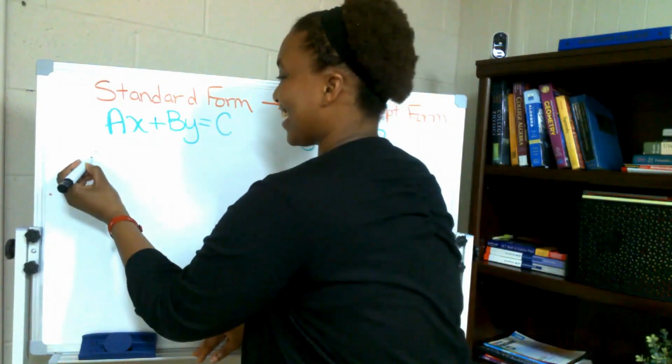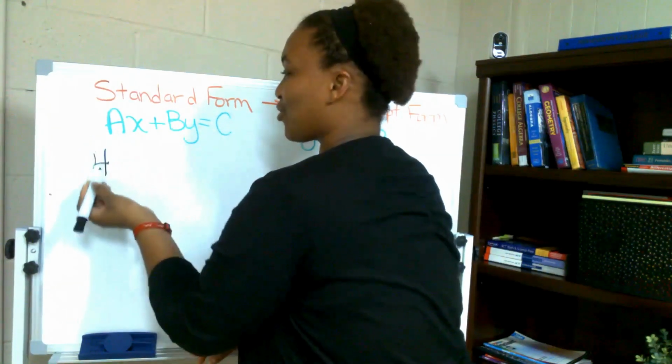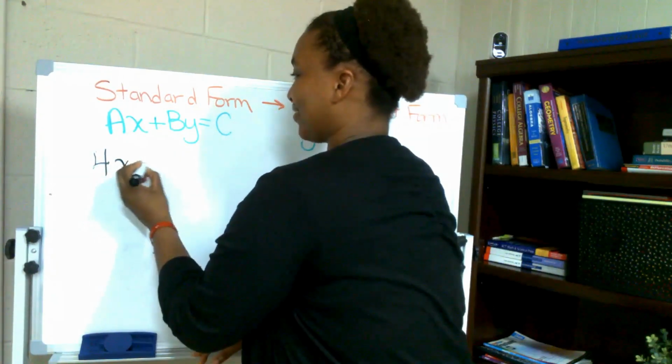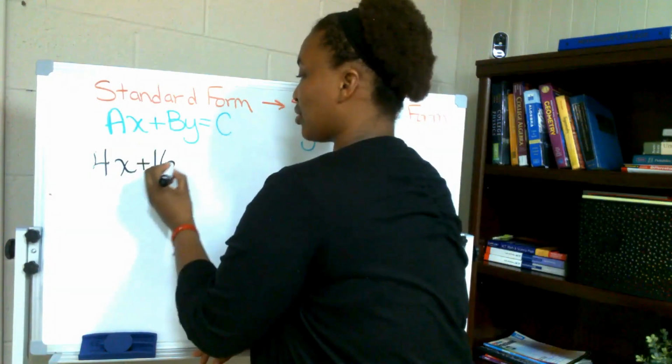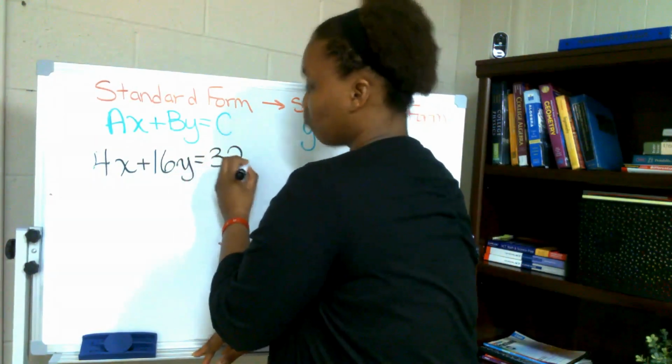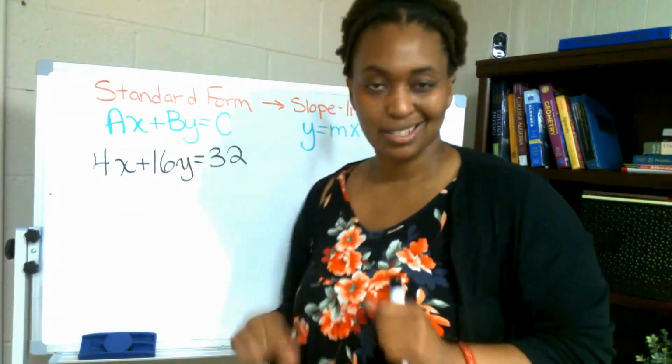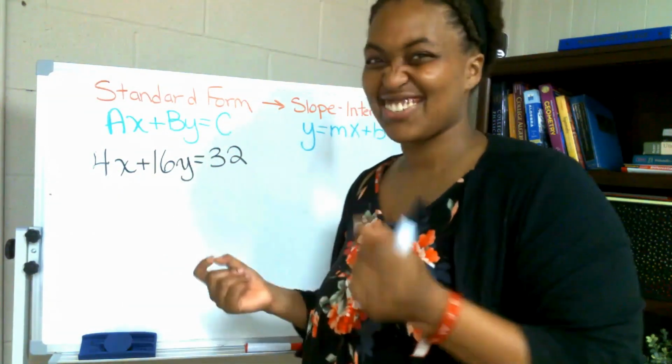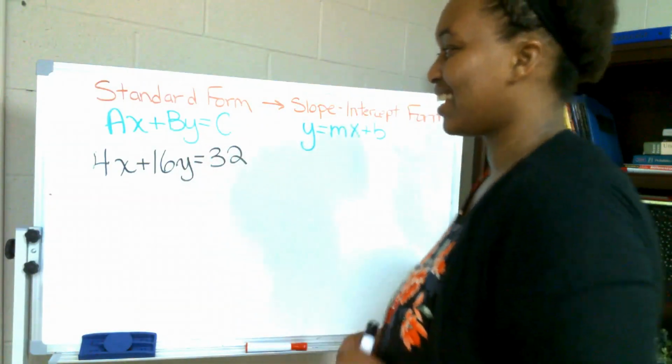So I'm going to have 4 substituted for A, 16 substituted for B, and we'll put 32. 32 is C. So that way it's a little challenging, but still we can simplify pretty well at the end.